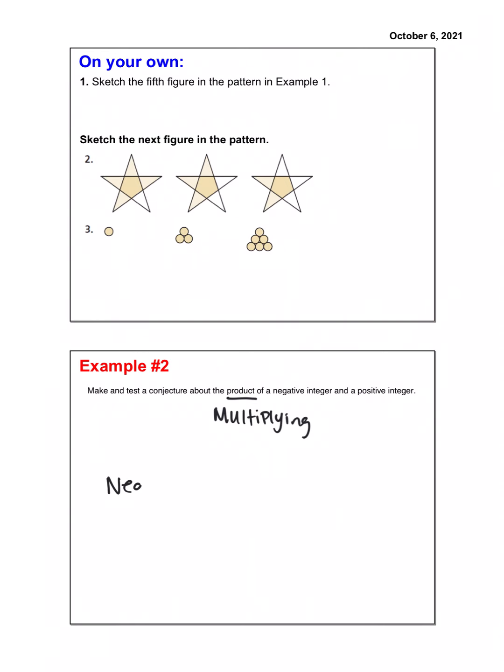So if we have a negative number times a positive number, we know that this is going to equal a negative number. We have observed this time and time again ever since we've been doing multiplication, that a negative number times a positive number will give you a negative number. So that would be inductive reasoning and our conjecture.